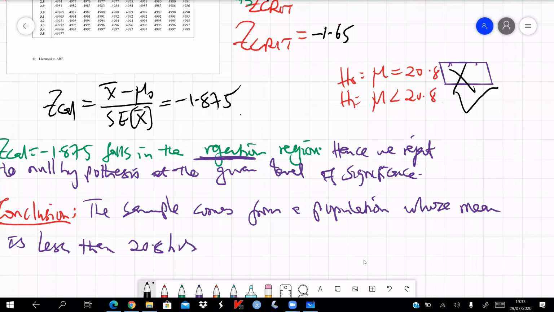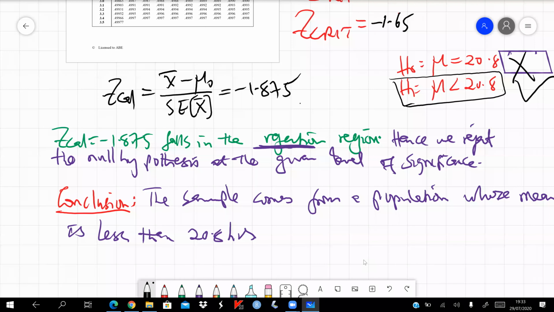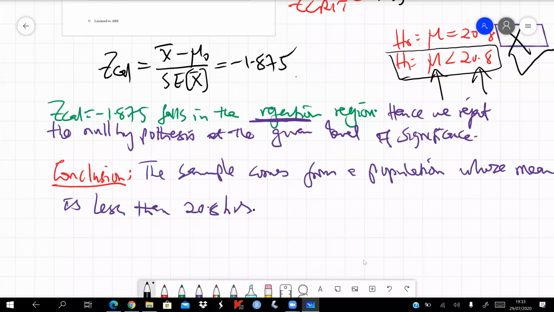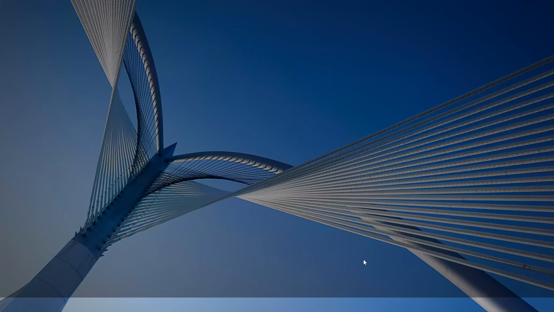So according to the data that we have, this is the truth in quotes. The truth will never be known here. So the population mean is less than 20.8 hours, according to the data that we have. Hope that is home and dry.